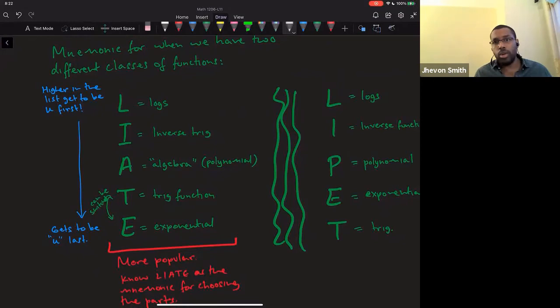So if you're thinking of doing integration by parts and you have two functions being multiplied together and you have to choose the parts, you would choose them according to Liate. So if you have a logarithm times a polynomial, the logarithm gets to be the U. If you have an inverse trigonometric function times the polynomial, the inverse trig function gets to be the U. If you have a logarithm times a trig function, the logarithm gets to be the U. If you have a polynomial times a trig function, the polynomial gets to be the U, etc. Right?